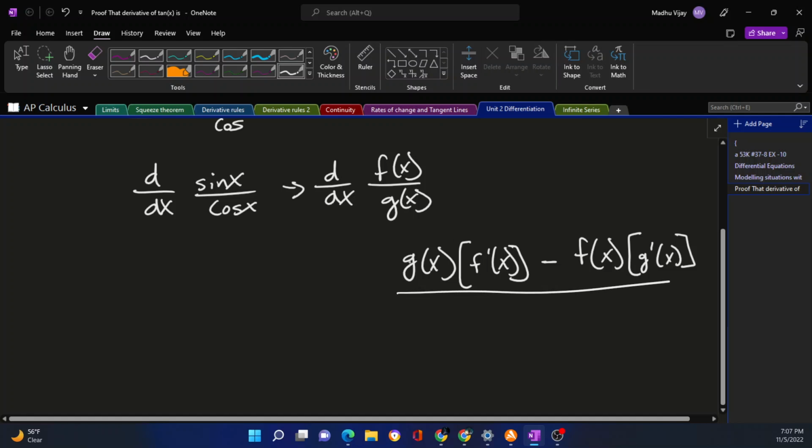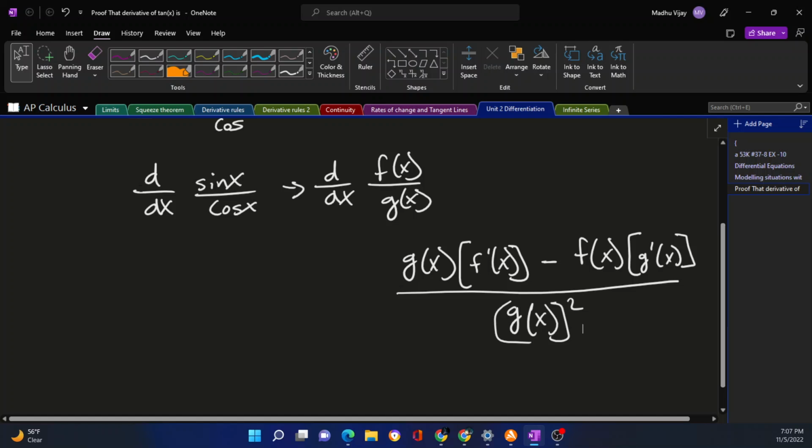All of this is over the bottom function squared, so g of x squared. So this is the quotient rule, and we will just be following this rule.